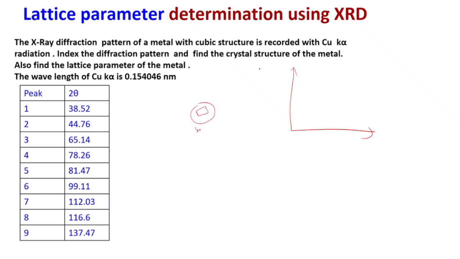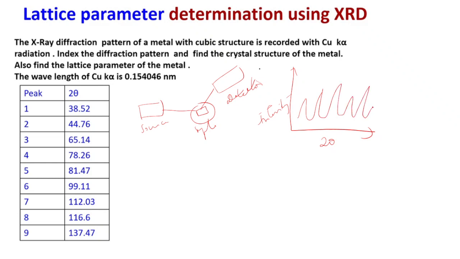We keep the sample here and fire x-rays, and it is diffracting and going to the detector. We get a reading from the detector like this, roughly 38, and that reading is what is tabulated over here.